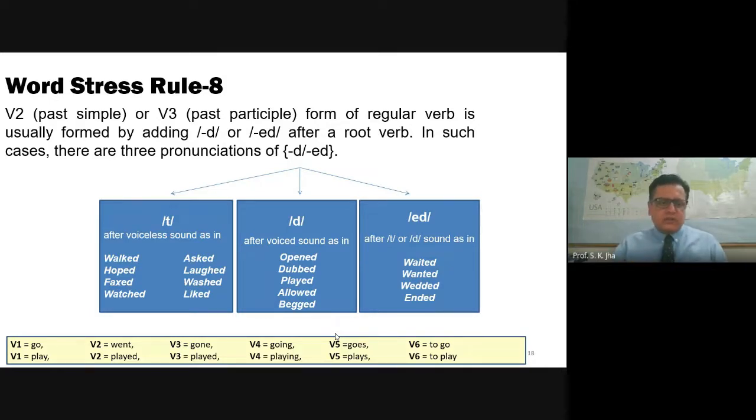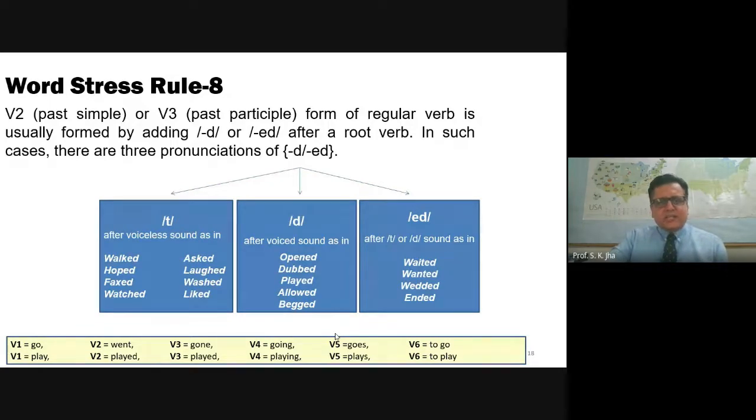So walked, hoped, faxed, watched, asked, laughed, washed, liked. Then D or ED becomes D after a voiced sound, as in opened, dubbed, played, allowed, begged. And D or ED becomes ɪd if it comes after T or D sound, as in waited, wanted, wedded, ended, and so on.